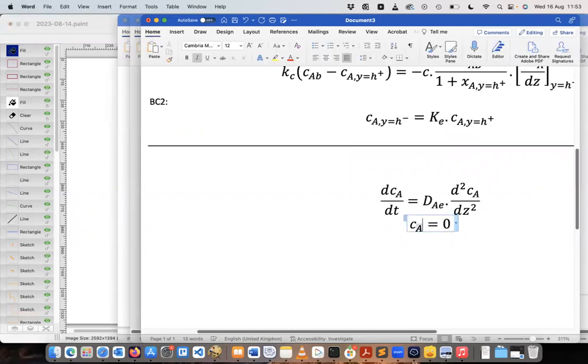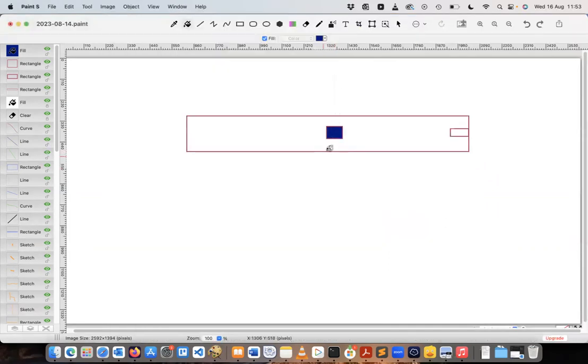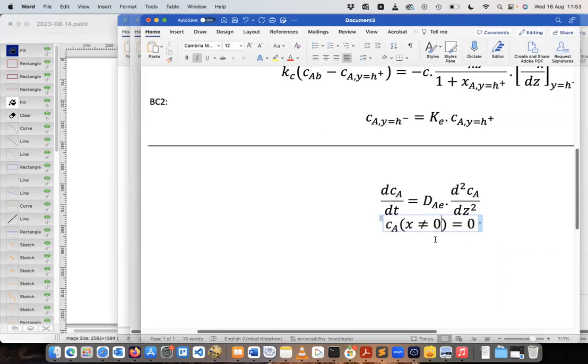And we would say this applies for x not equal to 0. So let's define 0 to be the position of the spill. So x being negative numbers means to the left, being positive numbers is to the right. So when x is not equal to 0, the concentration is 0.